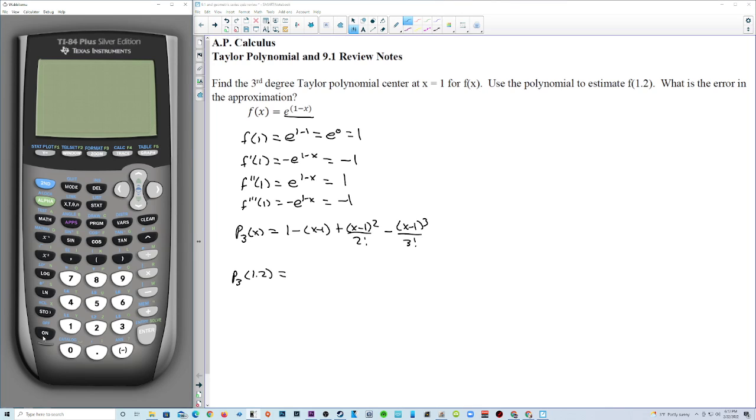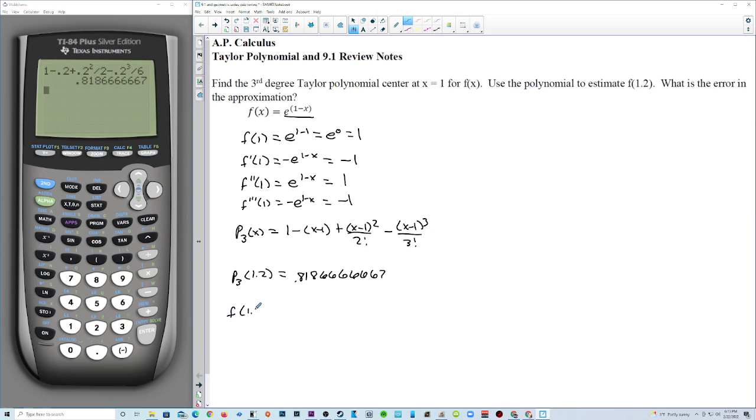So 1 minus 0.2 plus 0.2 squared divided by 2, and then minus 0.2 to the third, and that divided by 6. So we get 0.818, and then it rounds at the end.